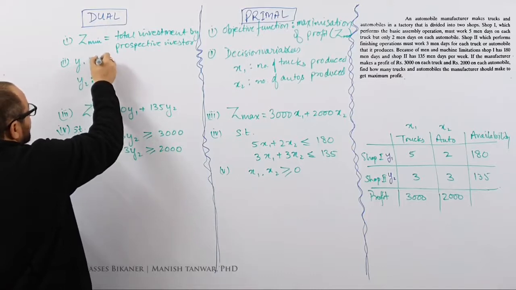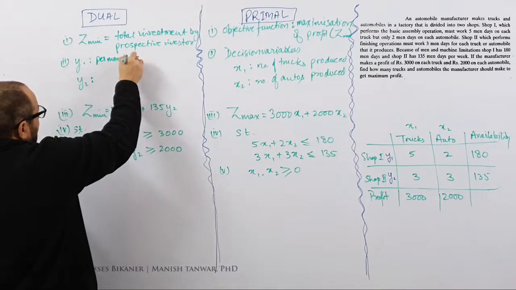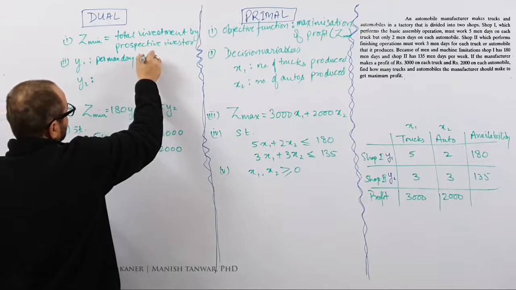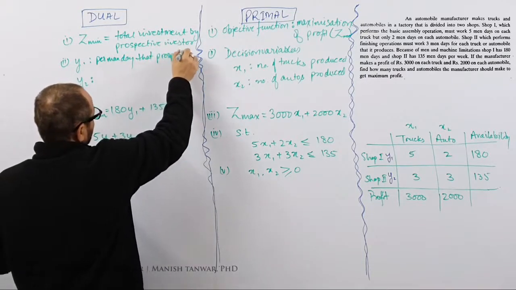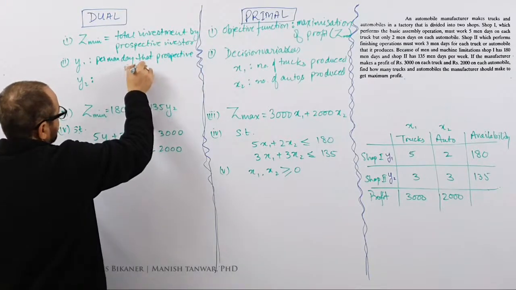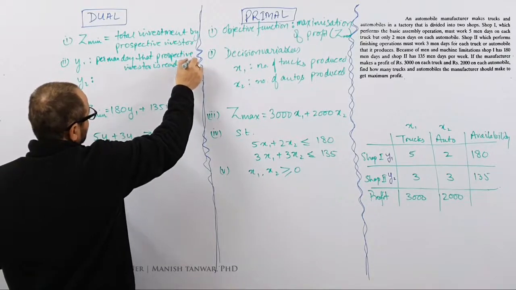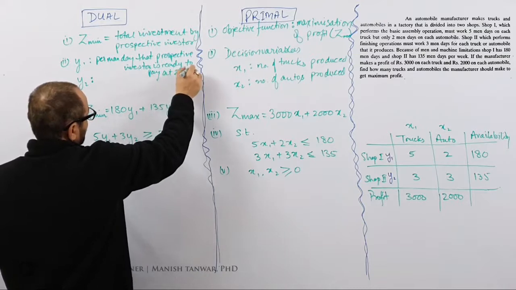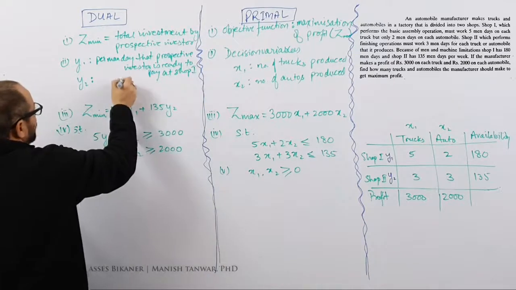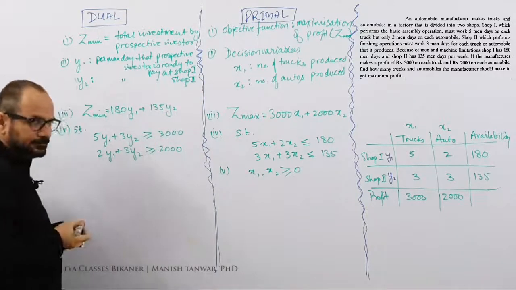What is y1? Per month, what that prospective investor is ready to pay at shop 1. Y2 becomes what he is ready to pay at shop 2.